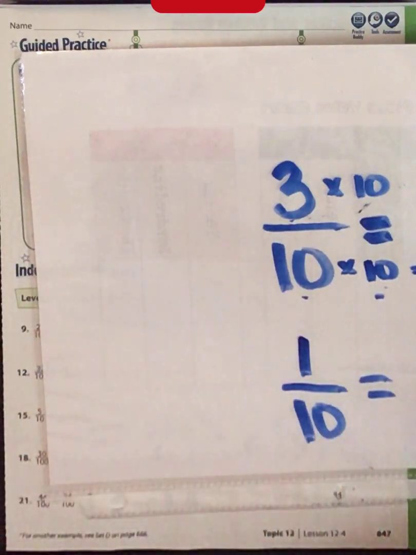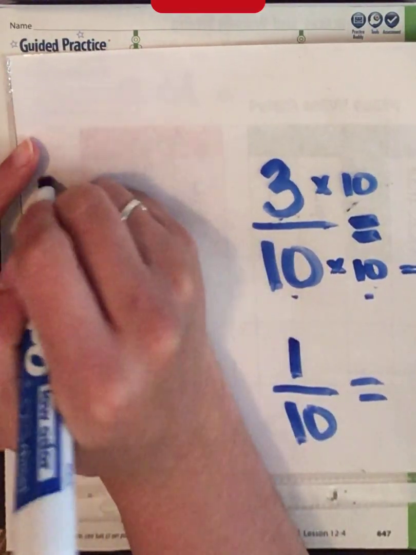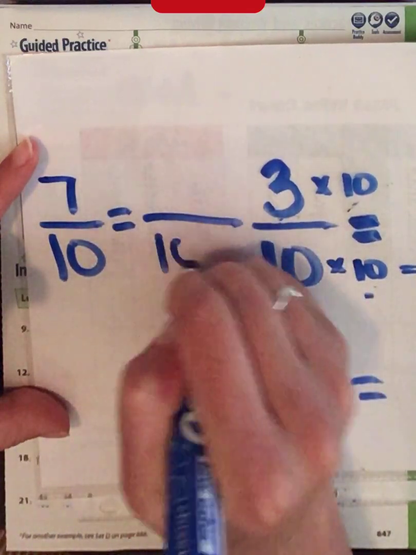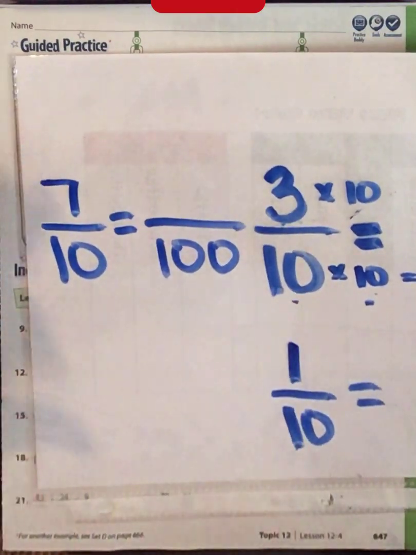Okay, so here's what I want you to practice. You've got 7/10. 7/10 is equal to how many hundredths? Do the math.